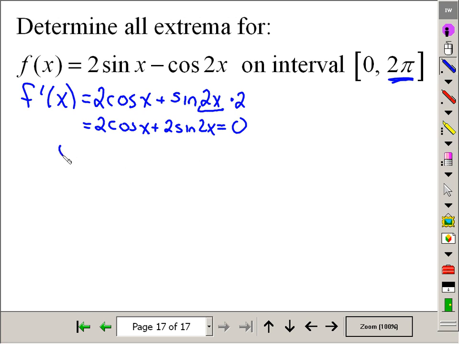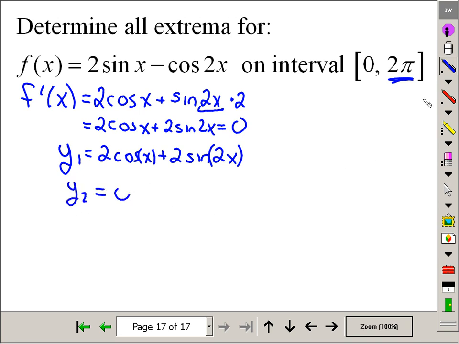Now here's what I want you to do. I want you to pick up your calculator and go y1 equals 2 cosine x, don't forget to close your parentheses, plus 2 sine 2x. And then under y2, I want you to graph 0. The rationale for this, I believe it's easier to calculate an intersection than it is to calculate the 0.